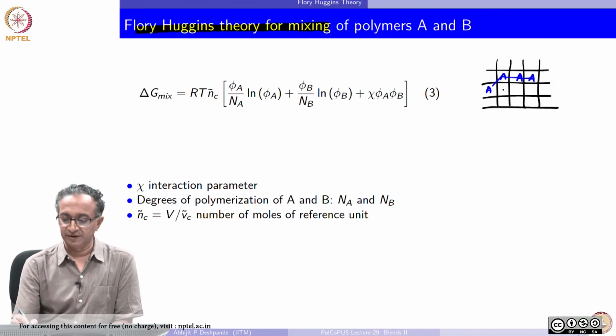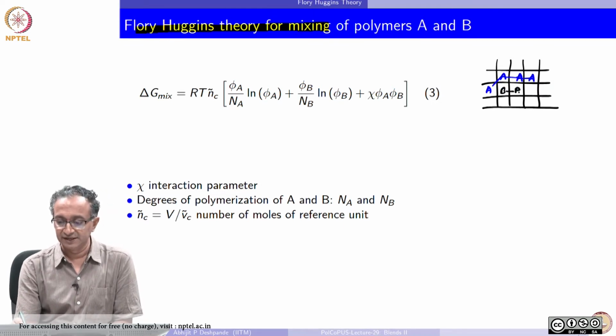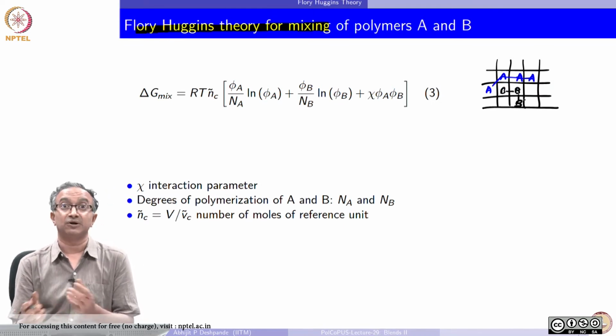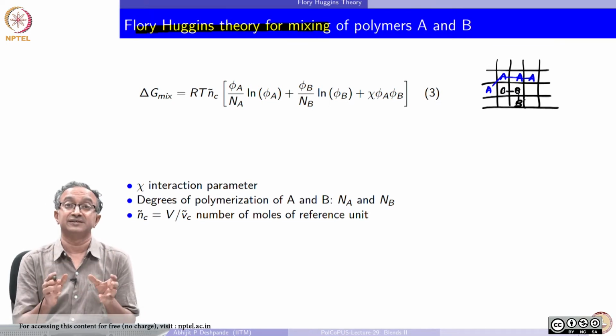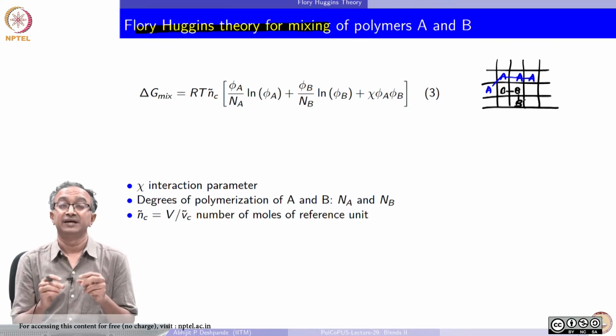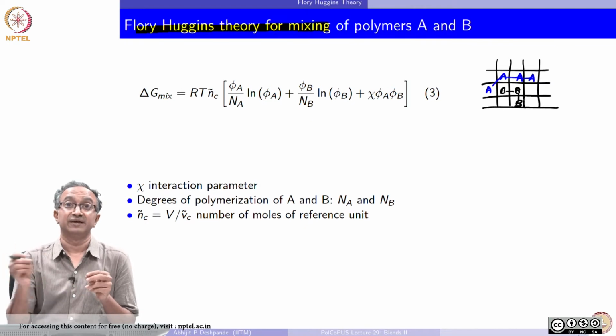So therefore, if B chain is there, then there is a very limited set of slots which B can occupy, because again there is a constraint of B being bonded to B, and then of course there is a chain of A which is also there.